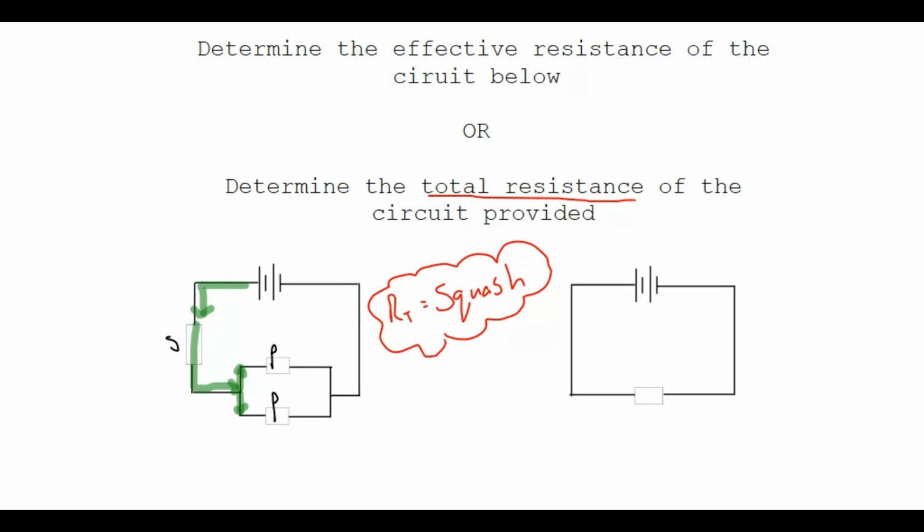So if you are given X amount of resistors on the left hand side and you calculate the total resistance, your answer is pretty much one resistor within the circuit. And if we consider the current flowing through that, everything goes through that one resistance. That's what they're asking you to do when they ask you to find the total resistance or the effective resistance. Alright, so let's take a look.